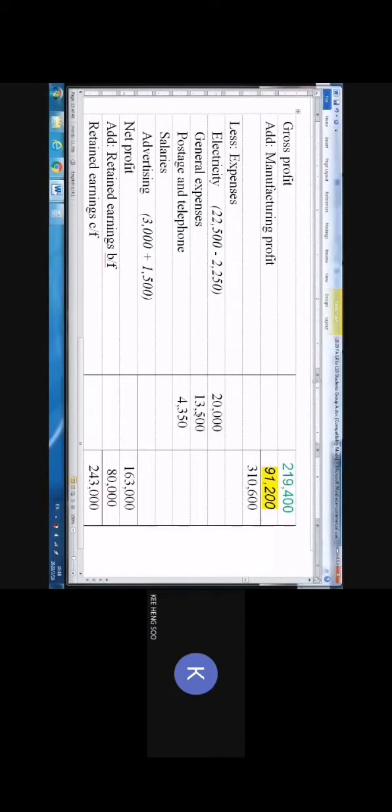Salary 105,000. And advertising expenses 3,000 in note number 2. You add accrued, so it becomes 4,500. So this one you add accrued.